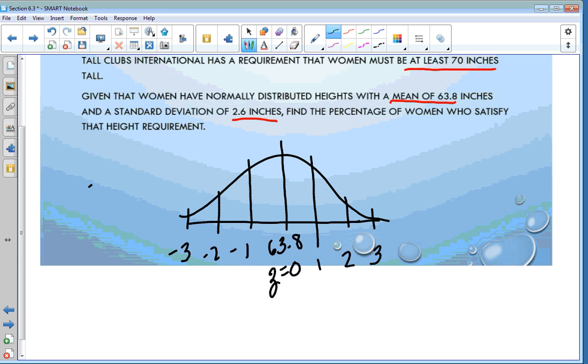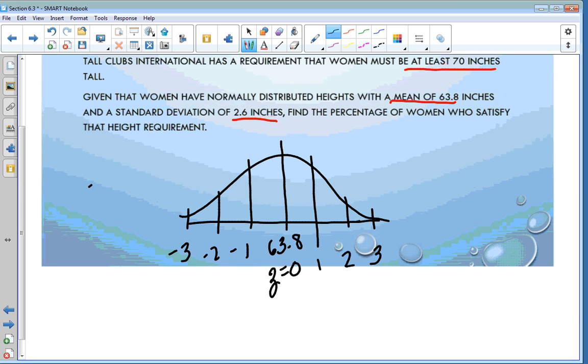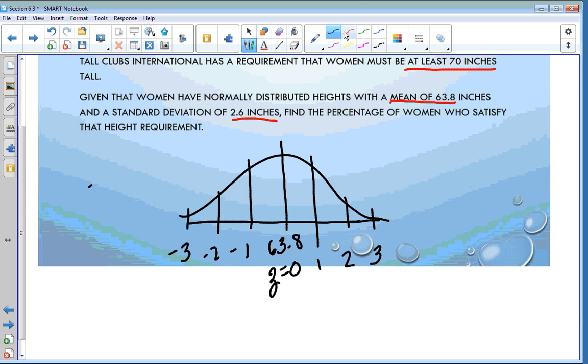We could go ahead and list all of the scores based upon 63.8 being our mu. With a standard deviation of 2.6 inches, from mu, 63.8, when I go one standard deviation, I'm going to add 2.6 inches.